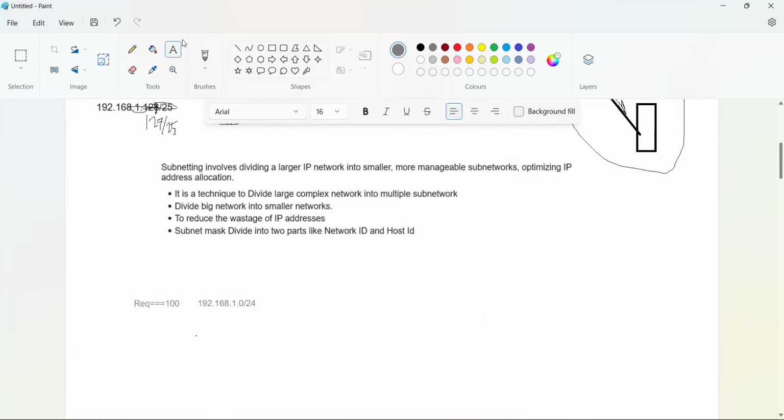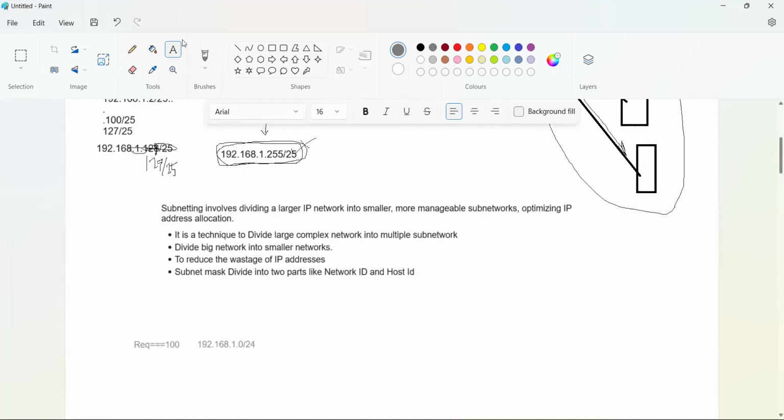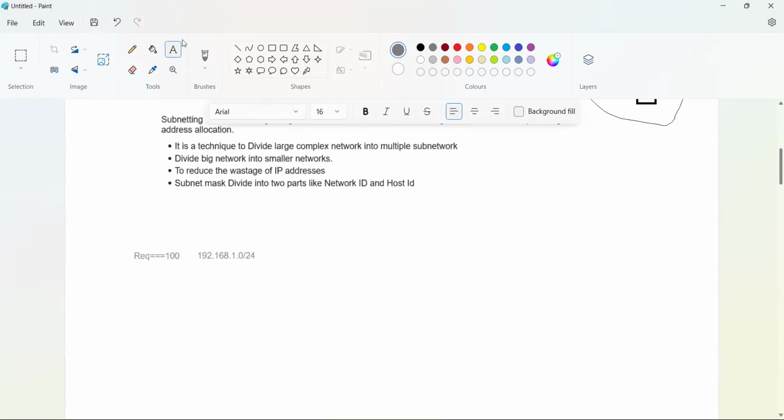This range you have. It's a class C IP address. Here, everyone knows, these three are which bits? Network. Good. These are all the network bits. This last one is the host bit.